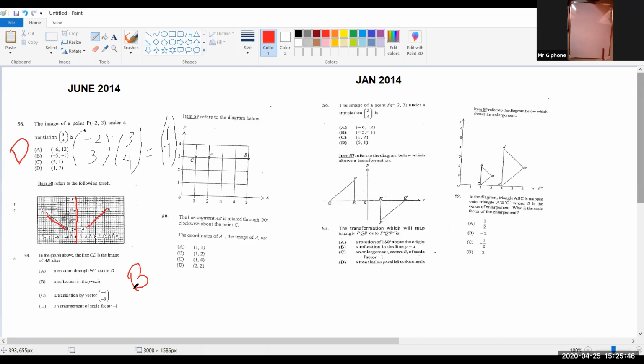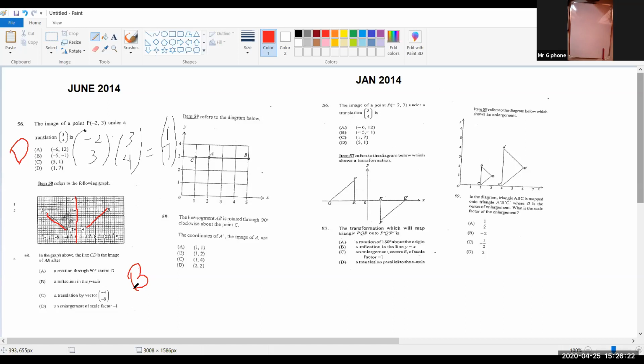Number 59. The line segment AB is rotated through 90 degrees clockwise about the point C. The coordinates A1, the image of A, are what? Anybody? So if it's rotated through 90 degrees clockwise, what do we do?